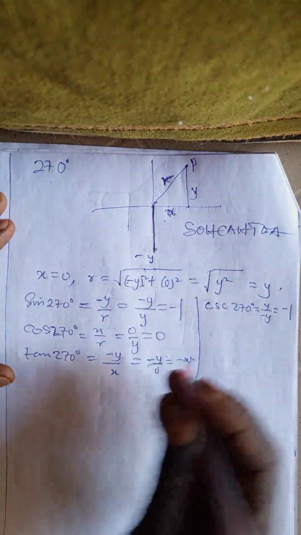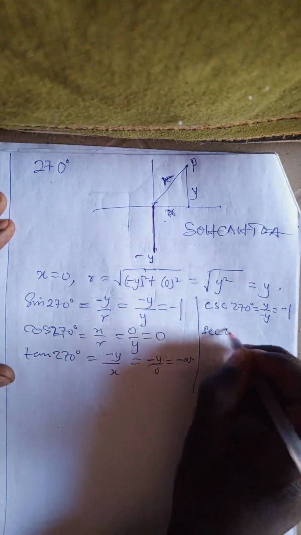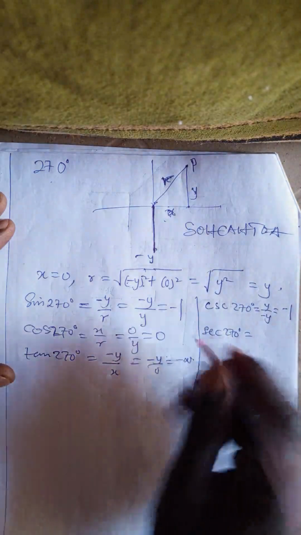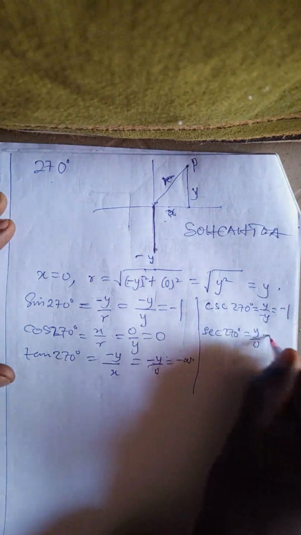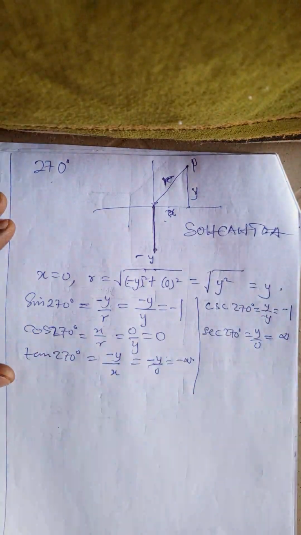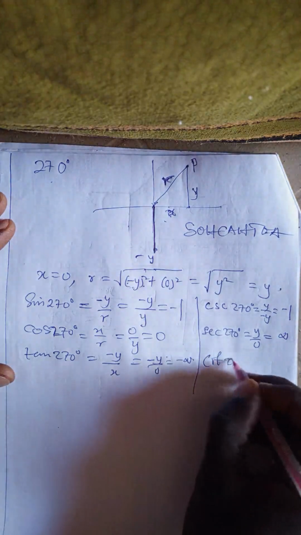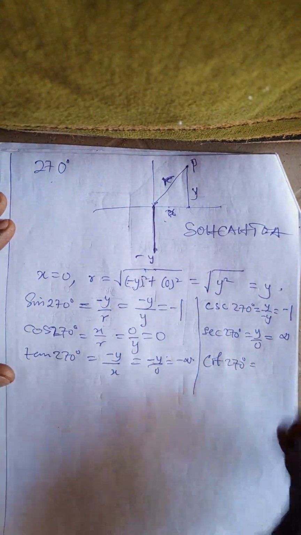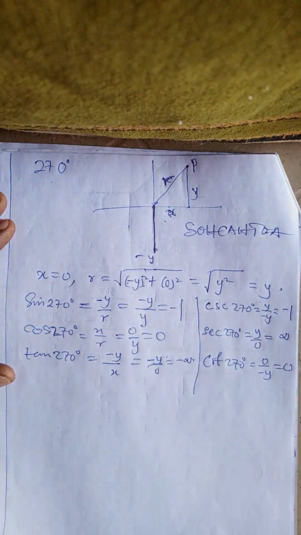Now sec 270 degrees is the same thing as saying, so this is y over 0, and that's equal to undefined. Now the cot 270 degrees, so this is equal to 0 over negative y, and that's equal to 0.